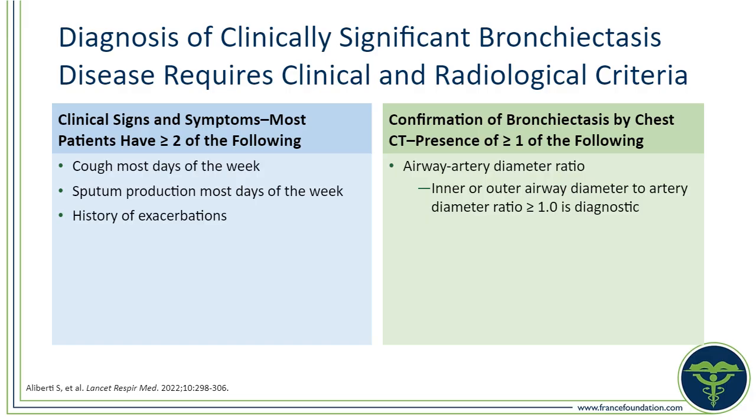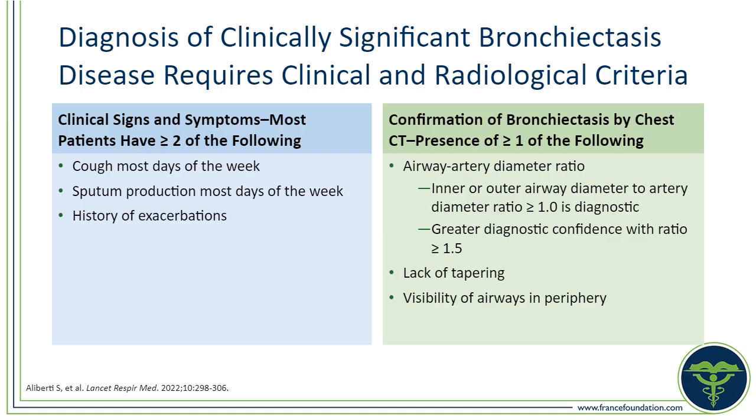Inner to outer airway diameter to artery diameter ratio of greater than 1 is diagnostic. However, we're more confident in our diagnosis with a ratio of 1.5 or greater. Also, there can be a lack of tapering in the periphery of the lung, and visibility of airways in the periphery of the lung are signs of bronchiectasis.